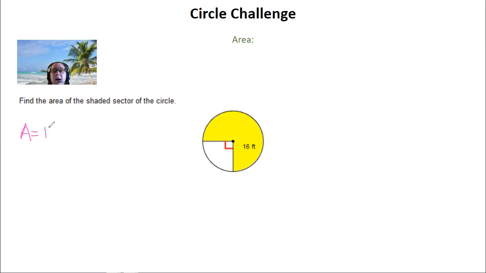So I would take pi times my radius squared. What's my radius here? 16. Yeah, pi times 16 squared. And pi times 16 squared, what does that give us?